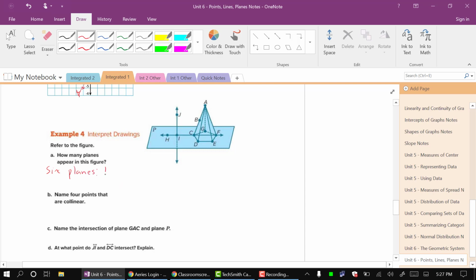It has plane P, plane CAG, plane GFA, plane EFA, plane DEA, and plane DCA. You can pause it to check for each of these planes, but these are all the planes.